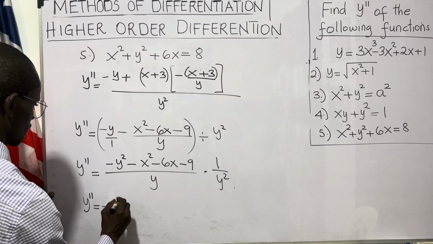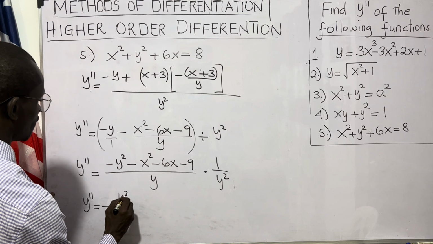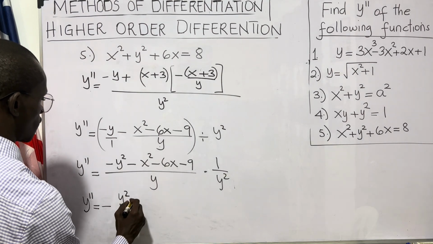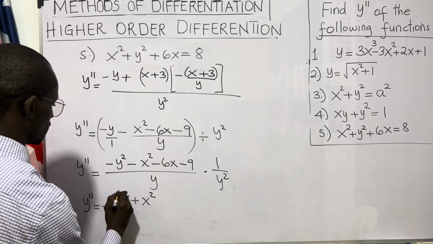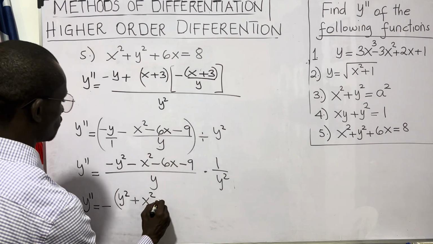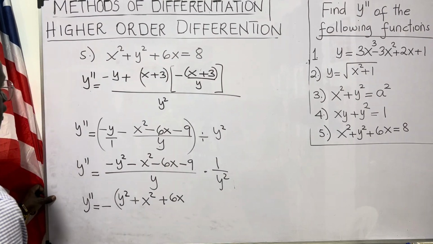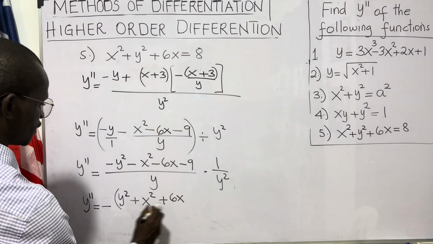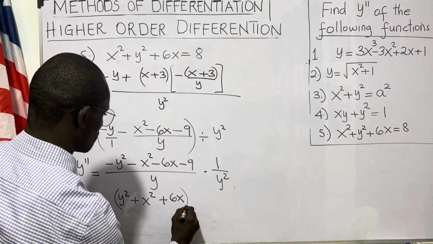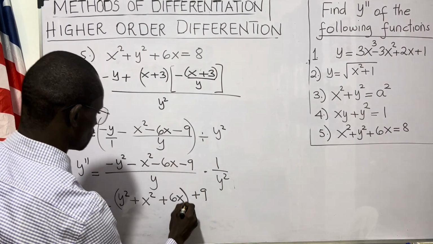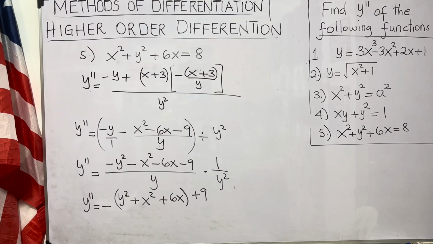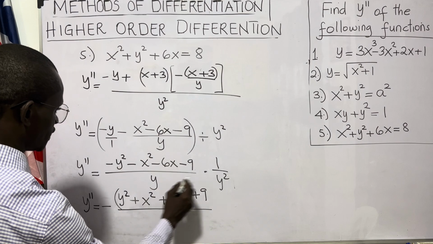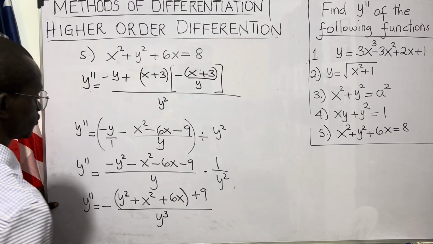So we have positive y squared and plus x squared and also plus 6x. So we already see that we have y squared, x squared plus 6x is right here, and then plus 9. So I'm just going to group these ones so that we'll be able to factor that expression. Divided by y, and y squared gives us y cubed.